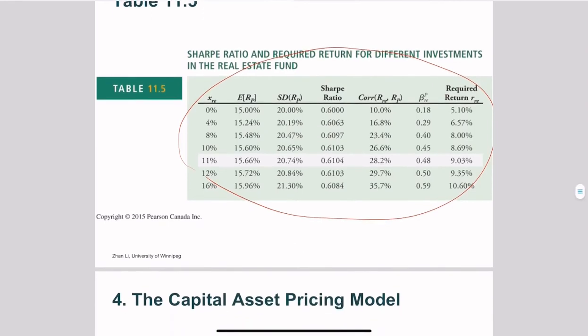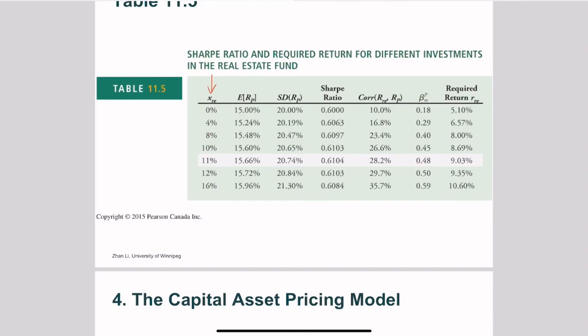So let's look at these columns. The first one is the portfolio weight. It's essentially the portfolio weight of the real estate fund, or the percentage of money you want to put into this real estate fund. And given the portfolio weight, obviously, we should be able to calculate the combined portfolio's expected return and the combined portfolio's standard deviation.